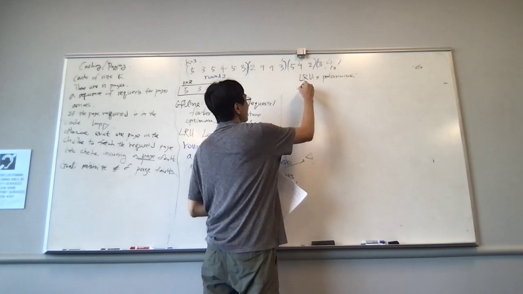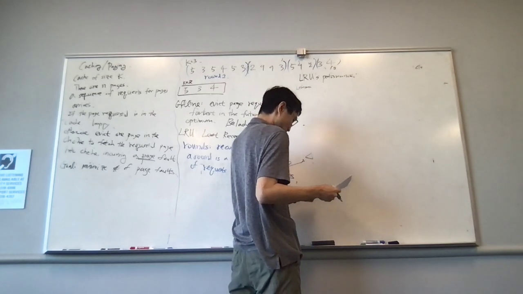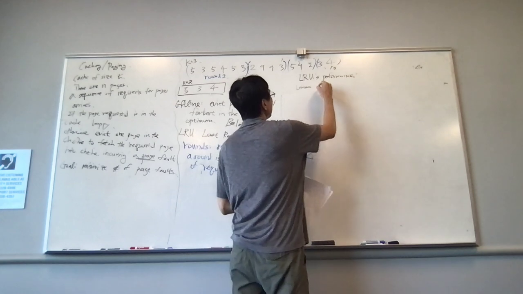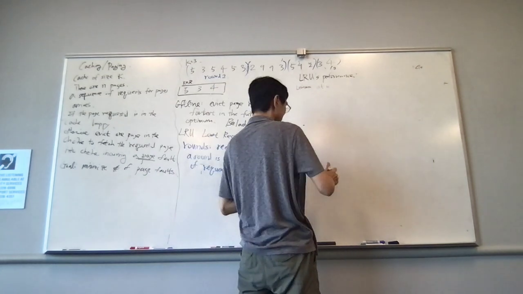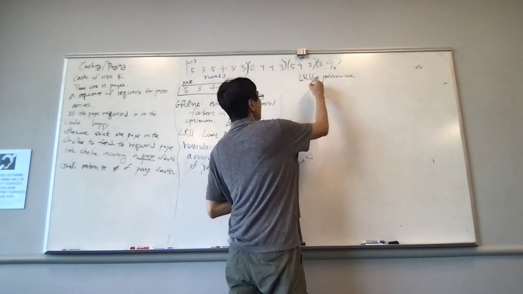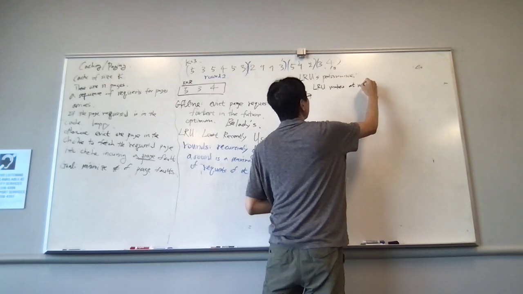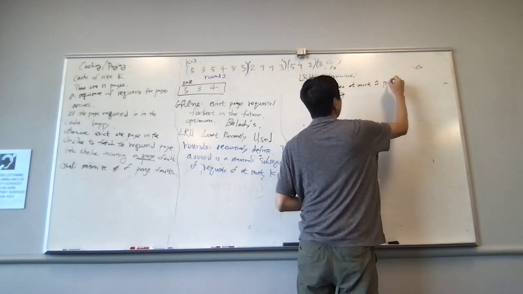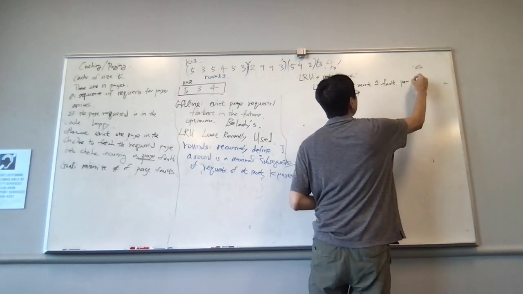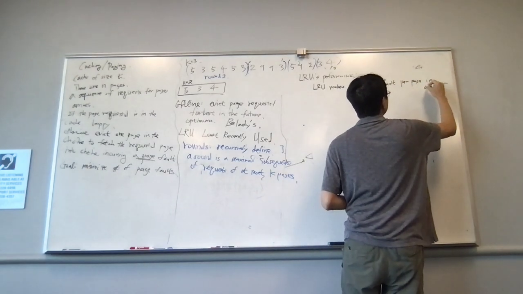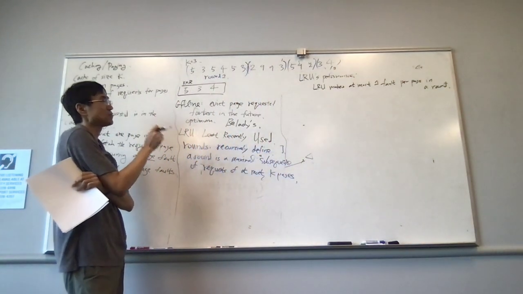The really easy lemma is this. I claim the following: LRU makes at most 1 page fault per page in a round.